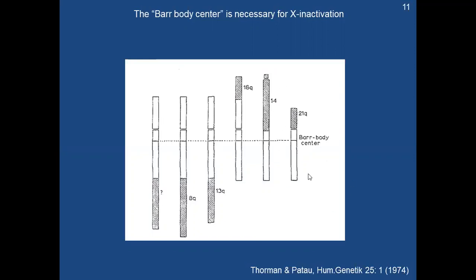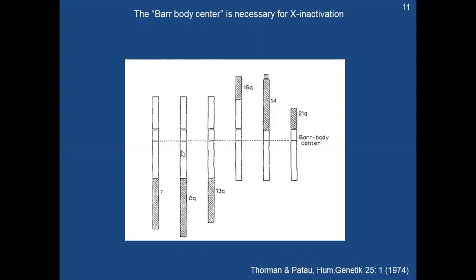So the region that inactivates this chromosome must be contained in the Q arm, because even though the P arm is lost, we can still inactivate it.